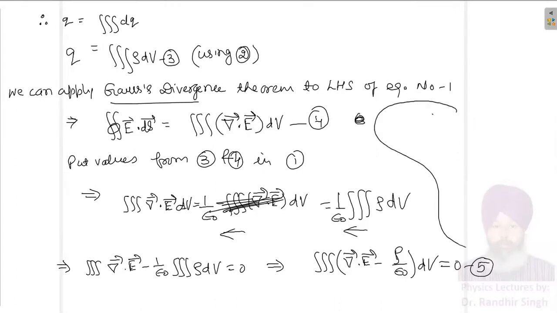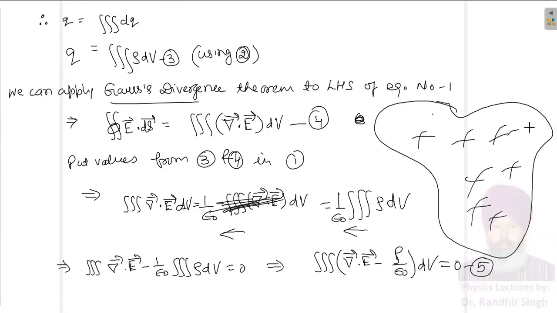Let us say it is of this size. So this is the charged body. When we are changing the shape or size of the body, we can very easily say that this is equivalent to changing the limits of integration.